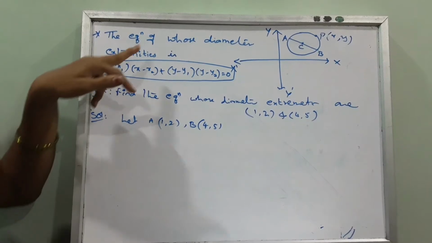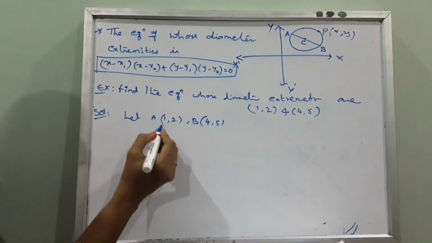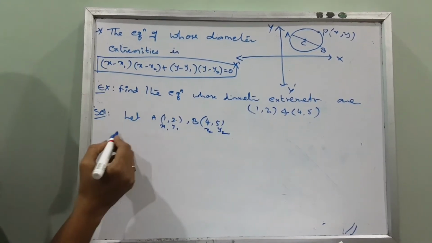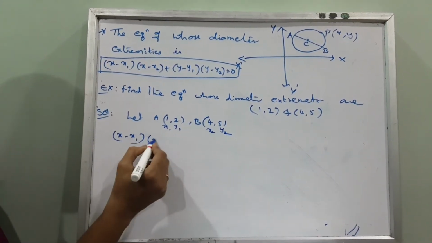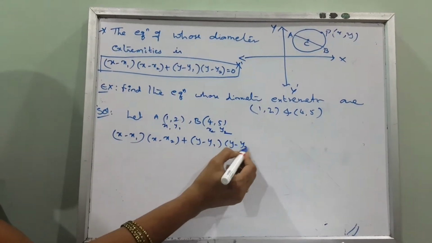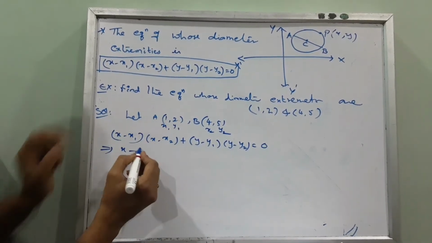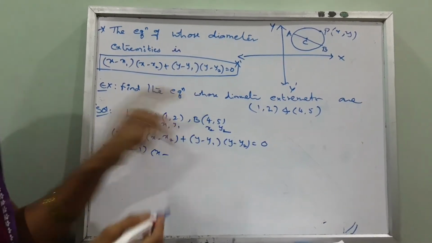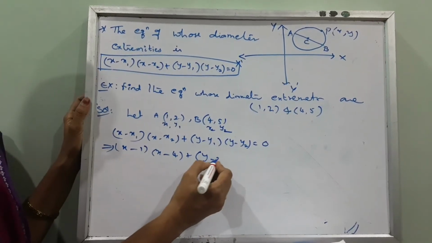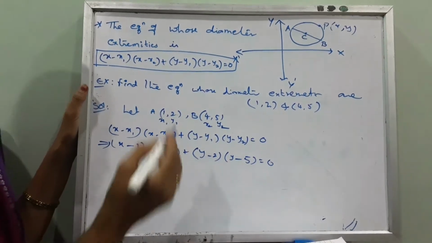Now the equation whose diameter extremities are x1 y1 and x2 y2 is x minus x1 into x minus x2 plus y minus y1 into y minus y2 is equal to 0. From this, x minus 1 into x minus 4 plus y minus 2 into y minus 5 is equal to 0.